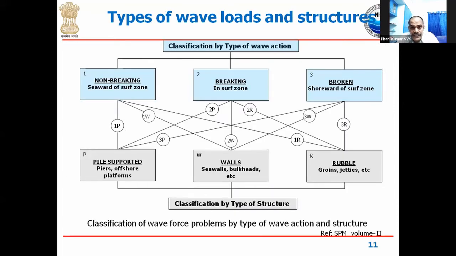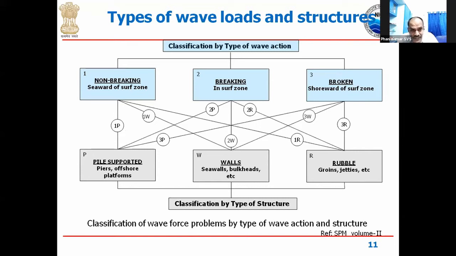And basically, when we say design, these are some of the things that we consider, and this is the complete process that is involved in classification and design of the structure. Basically, what is the wave? Is it non-breaking, breaking, or already broken? Okay. Is it a pile-supported pier?